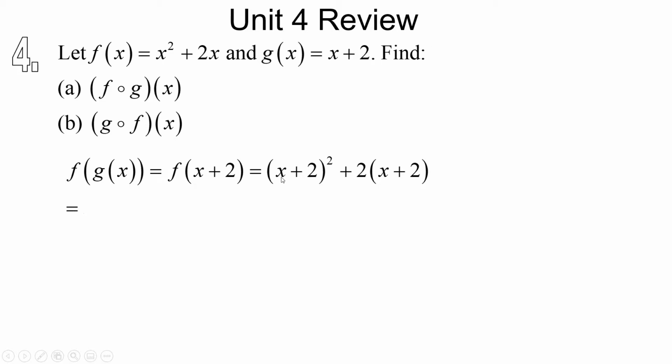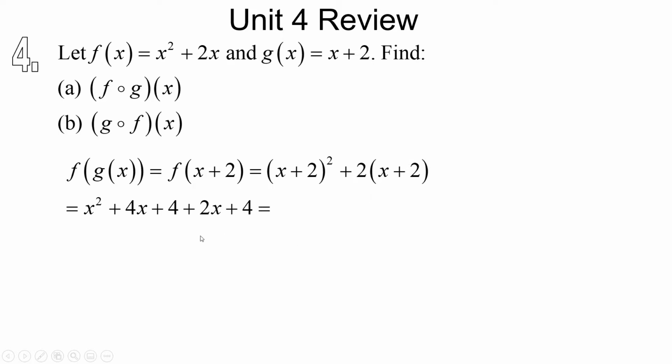So let's go, x plus 2 times x plus 2 would be x squared. And then your outside and your inside would give you a 2x and another 2x for 4x's. And then your 2 times 2 will give you a 4. All right, and now here distribute the 2. So plus 2x and plus 4.